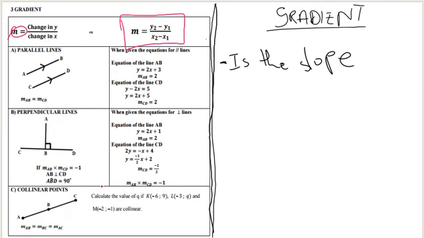So here are some properties of the gradient. The gradient m is equal to the change in y over the change in x, which is y2 minus y1 over x2 minus x1.